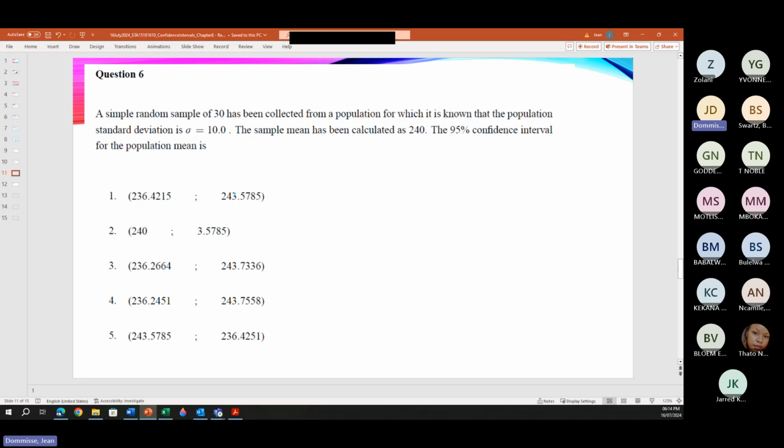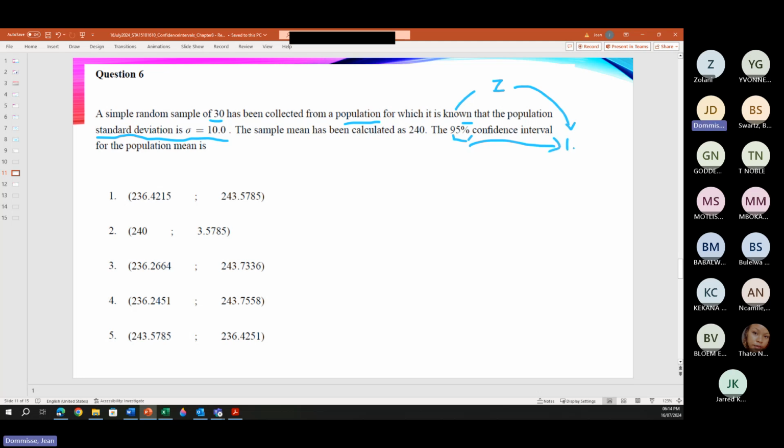Okay, let's then look at another one. We've got a sample of 30, probably small, but still fine, collected from a population for which it is known that the population standard deviation is that. Okay, known, work with a Z. We see 95% confidence interval.